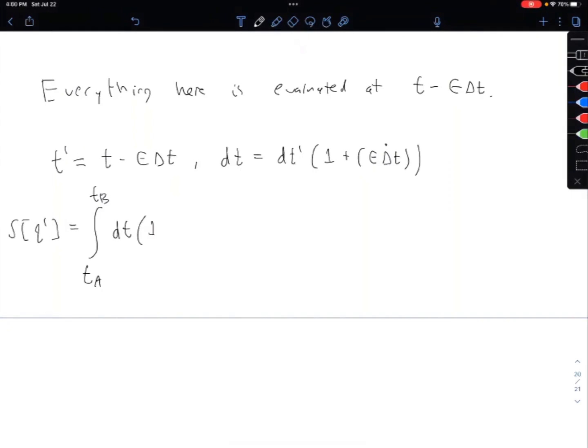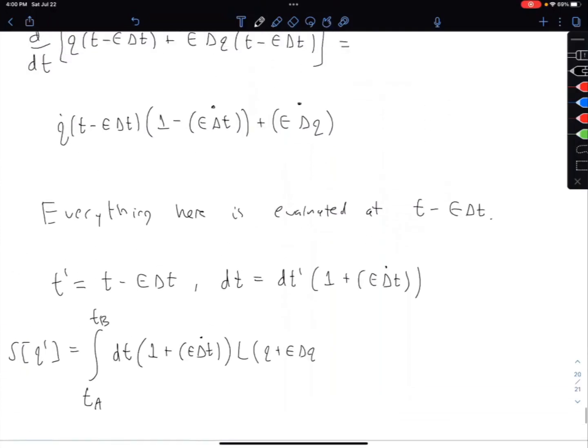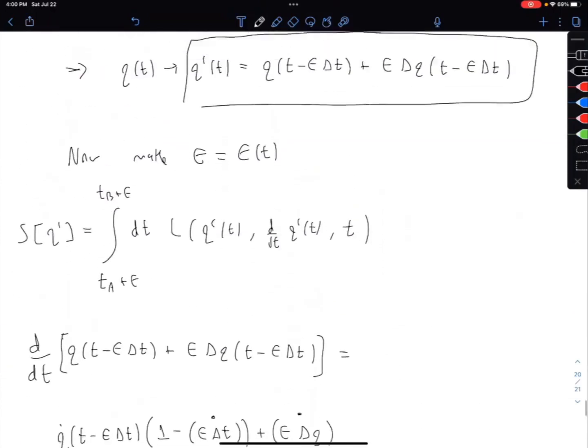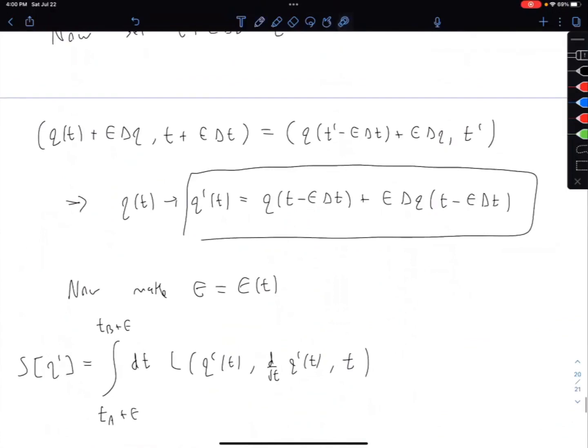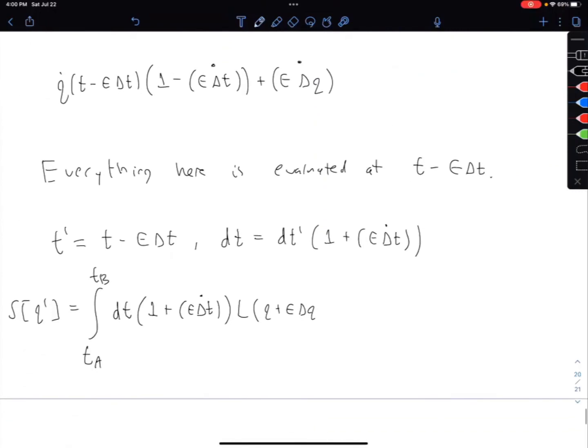So then this will be equal to 1 plus epsilon delta t dot times the Lagrangian of q plus epsilon delta q, right? And notice that here, after I change variables, it is just going to be q plus epsilon delta q, evaluated at t, because I've changed variables.